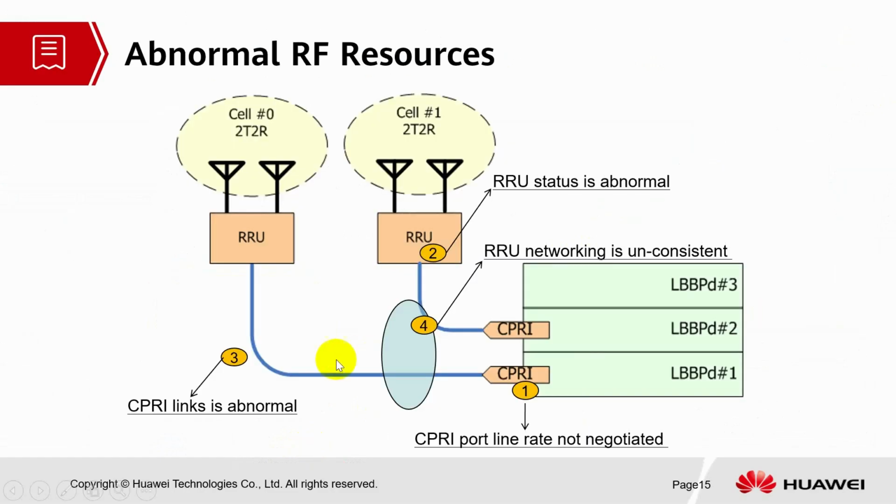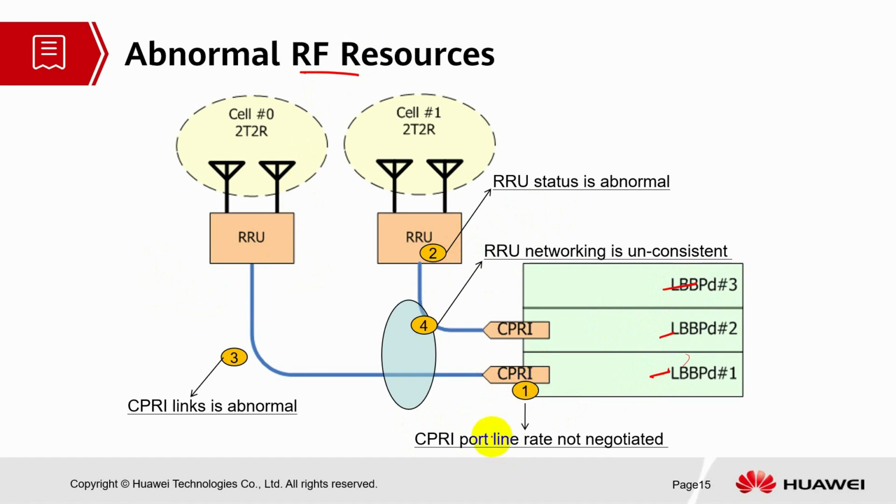Next will be related to abnormal RF resources. For abnormal RF resources, there are a few categories that we have to look into. We start with the LBBP board. Over here, they are using the LBBP board as the baseband board.